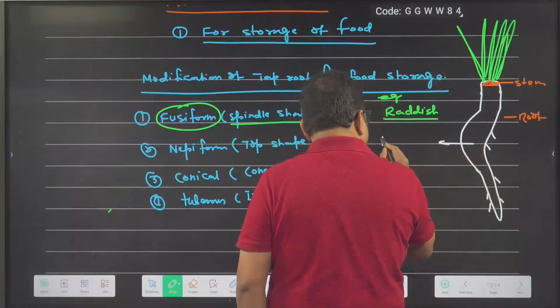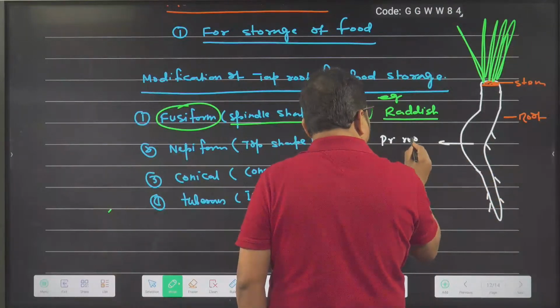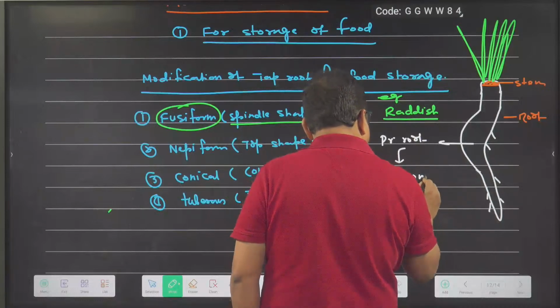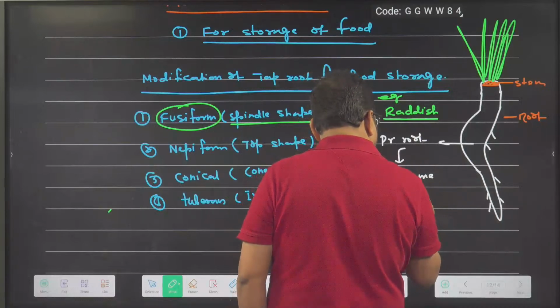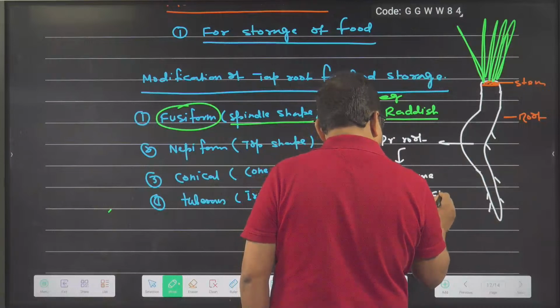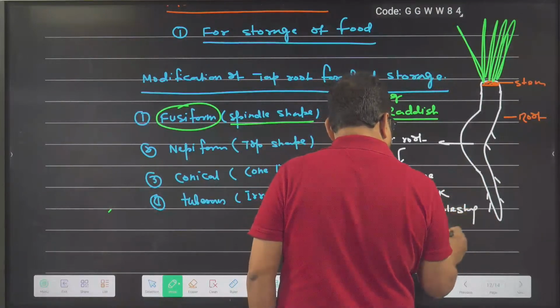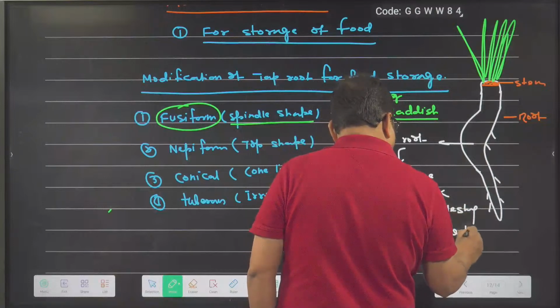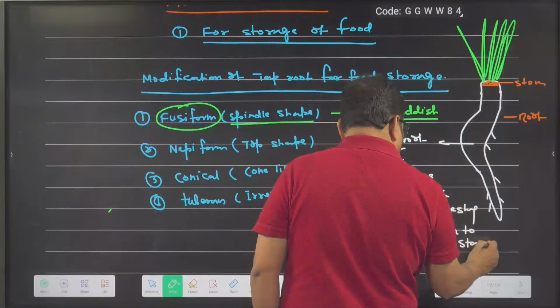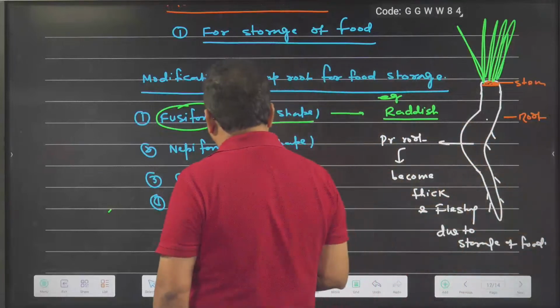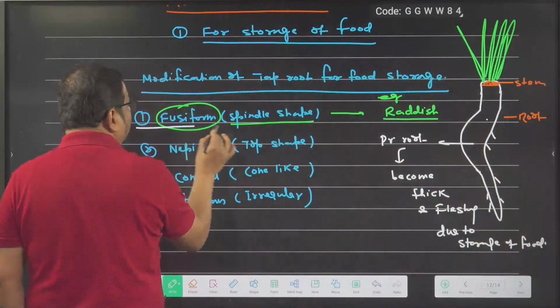Primary root. Primary root becomes thick and fleshy due to storage of food. And this type of shape of root is called fusiform or spindle shape.